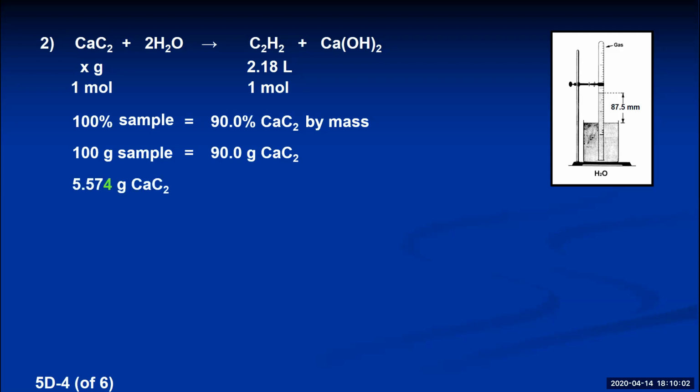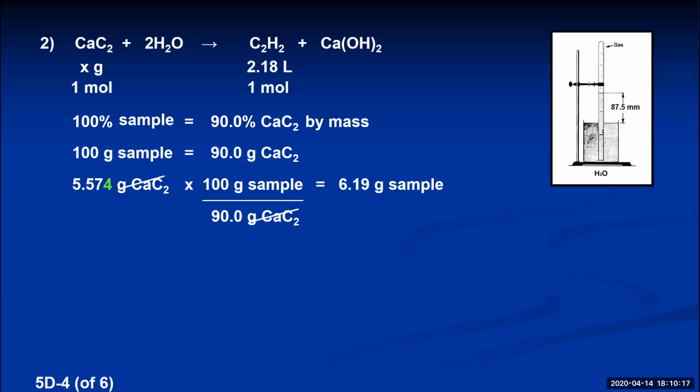So if we need 5.57 grams of calcium carbide, I'm going to multiply by this equality statement. The calcium carbide has to go on the bottom to cancel out. The sample goes on the top. And now we'll convert this into how many grams of the sample must weigh. That comes out 6.19 grams. See if that makes sense. You need 6.19 grams of the sample to ensure that it has the required 5.57 grams of calcium carbide.